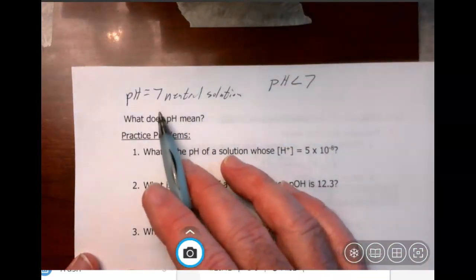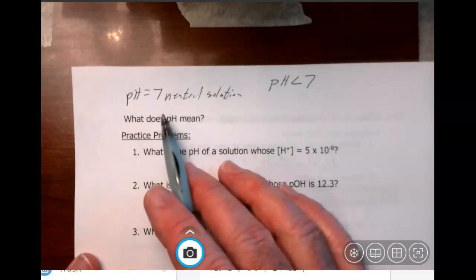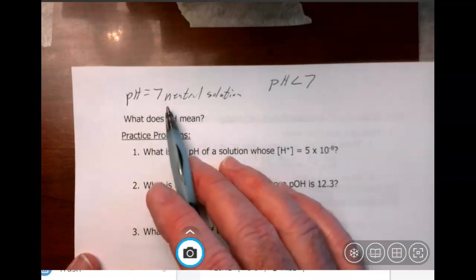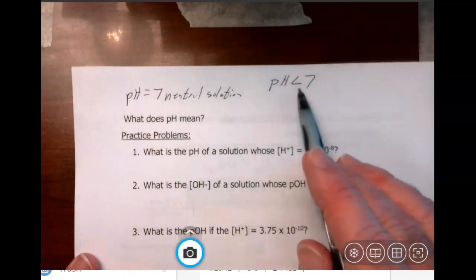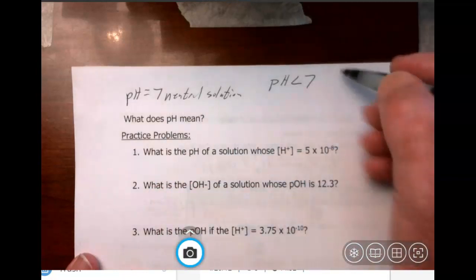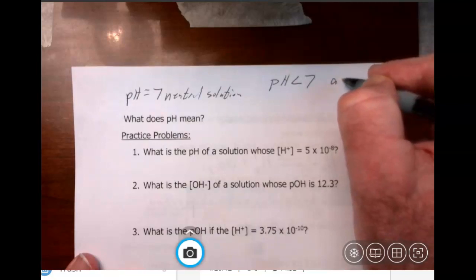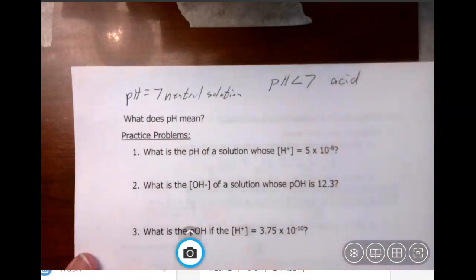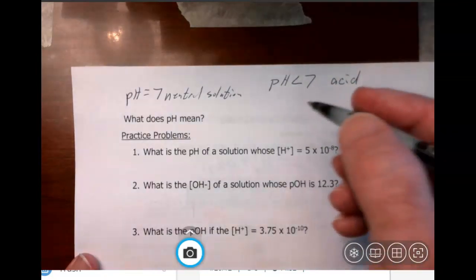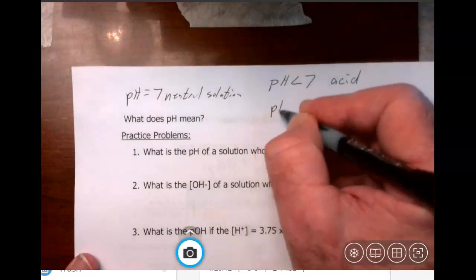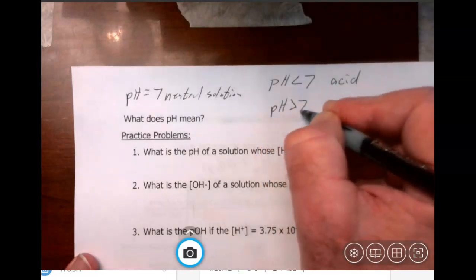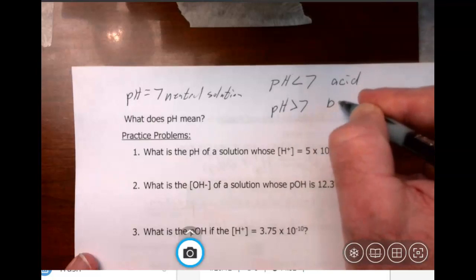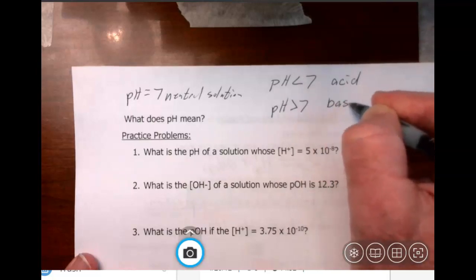So 7.1 would not be neutral, or 6.9 would not be neutral. If your pH is below 7, you have an acidic solution, an acid or an acidic solution, either way you want to say it. If you have a pH of greater than 7, then you have a base or a basic solution.